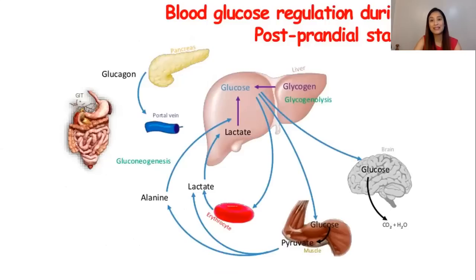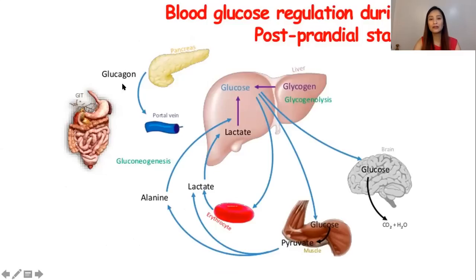So what happens if you're in the fasting state, in between meals? In between meals or in the fasting state, the hormone that is more predominant is glucagon. So if you're not eating, your blood sugar will start going down, and the decrease in blood glucose level will trigger the pancreas to secrete more glucagon.